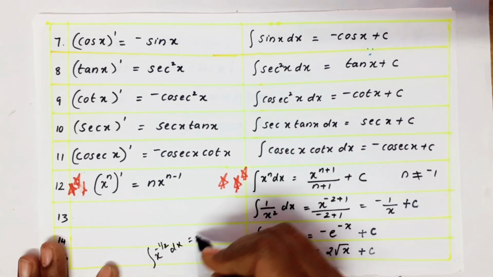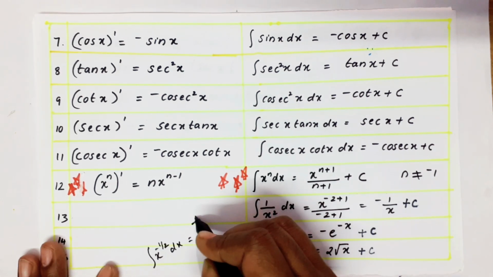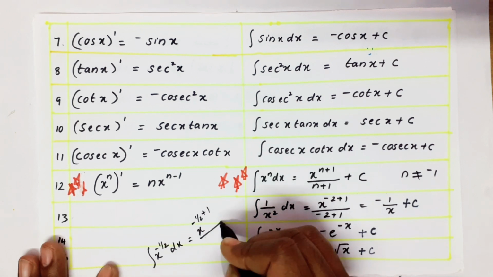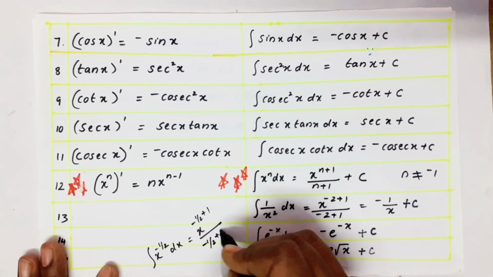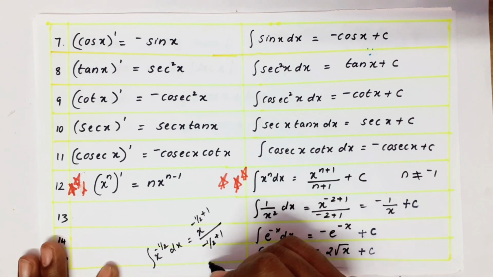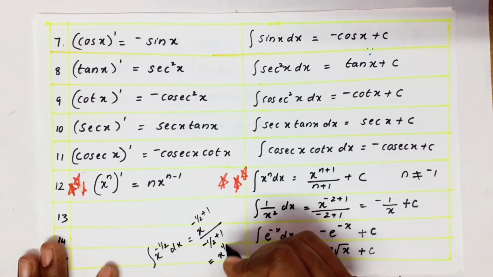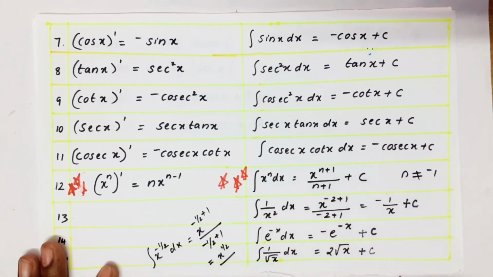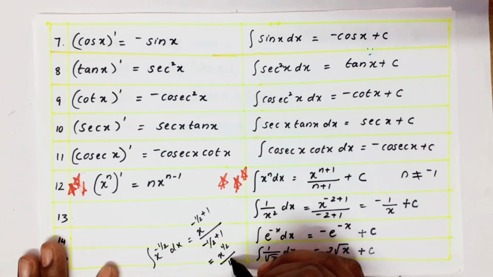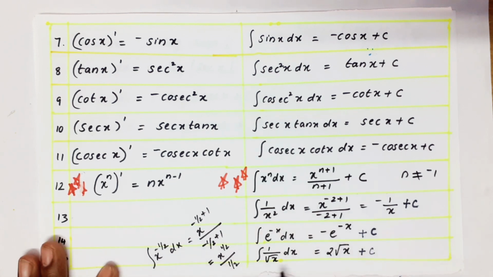Here we can apply the formula, that is x power minus half plus 1 divided by minus half plus 1. So this we can write as x power half divided by half. This half will go up, so we can write the result as 2 root x plus c.